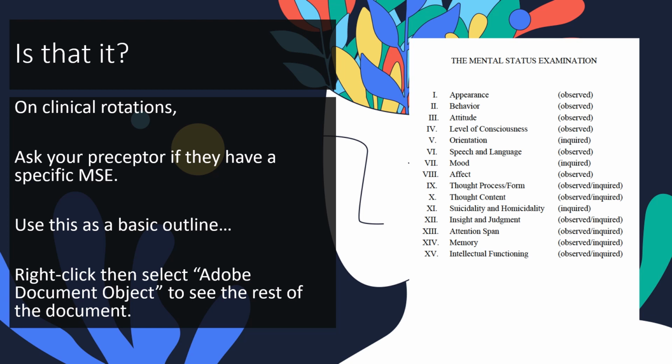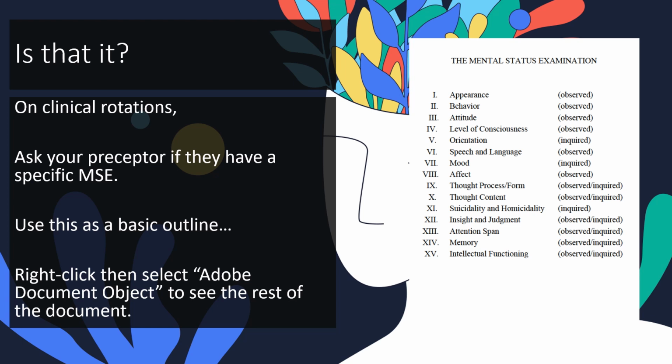When you're on clinical rotations, really just ask your preceptor if they have a specific way they like to do their MSE. And like I said before, everyone kind of does them differently depending on their patient population and depending on the health provider, what they've learned and what they prefer. So ask them. If not, then here's a basic outline.